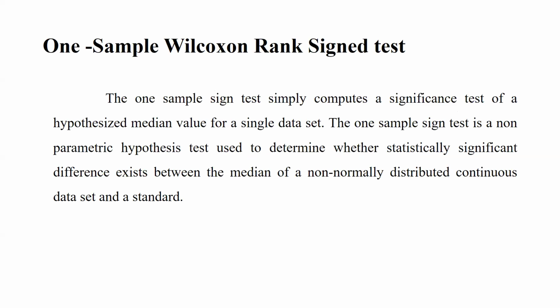Here I am not using the mean value; I am using the median value for a single data set. It is a non-parametric hypothesis test used to determine whether a statistically significant difference exists between the median of a non-normally distributed continuous data set and a standard.